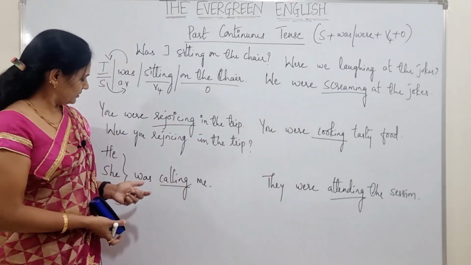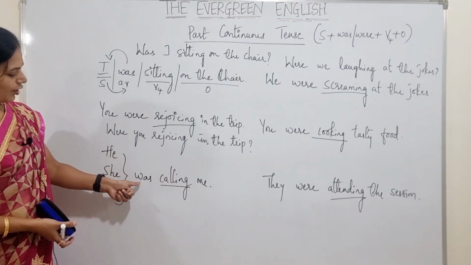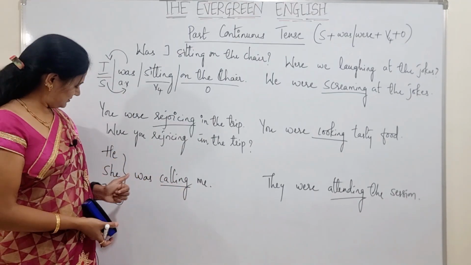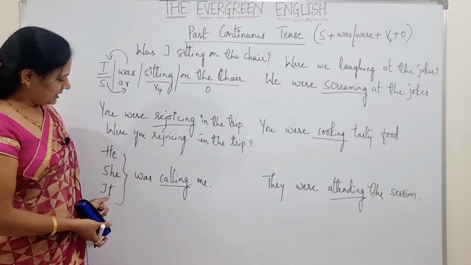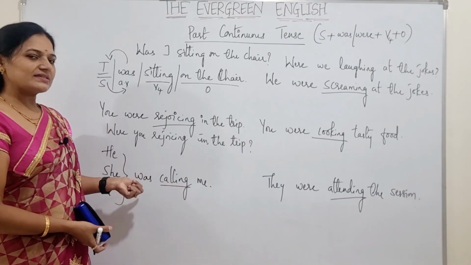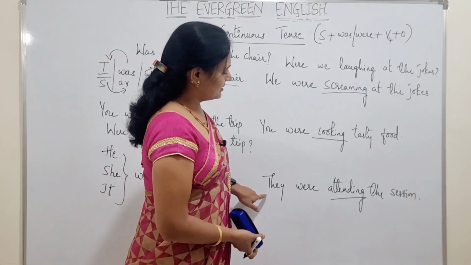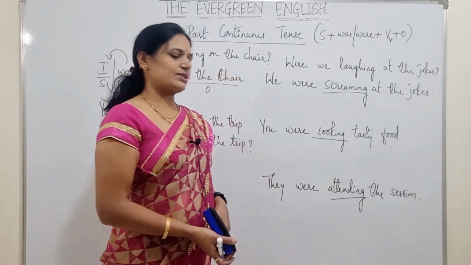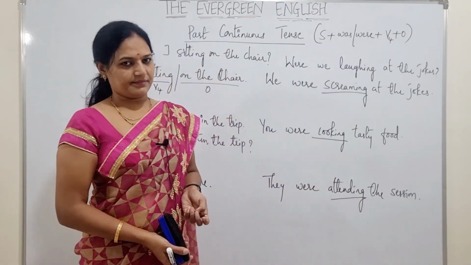Write it down. He was calling me. Was he calling me? She was calling me. Was she calling me? It was barking at me. Was it barking at me? Next. They were attending the session. Were they attending the session?